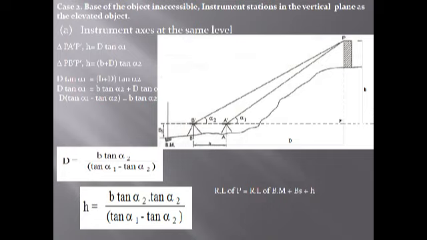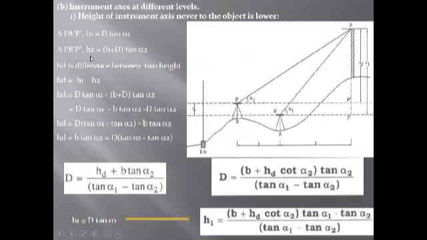There are two tripods fixed with the theodolite at B dash and A dash, using these formulas. This is another formula: instrument axis at different levels, where the height of the instrument and object is lower.